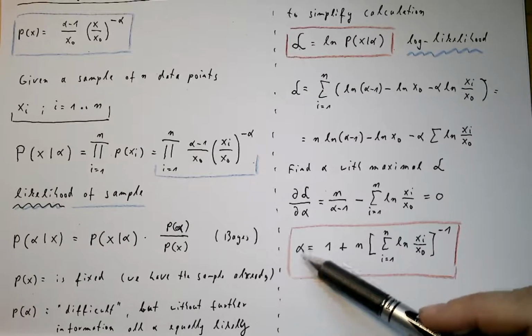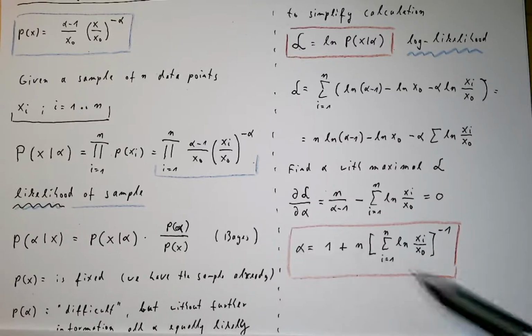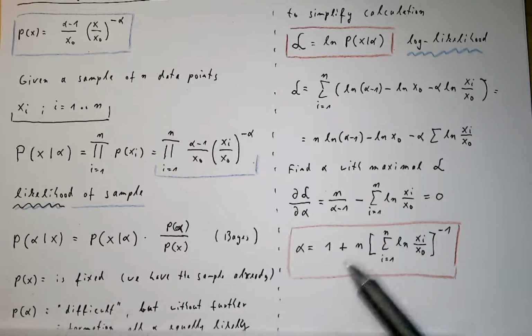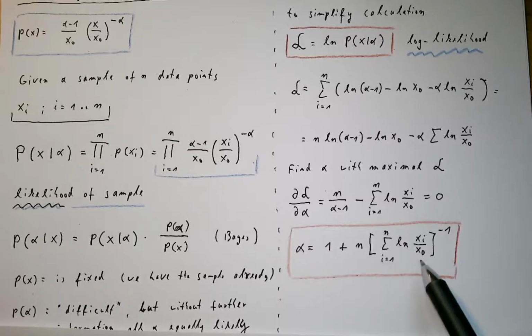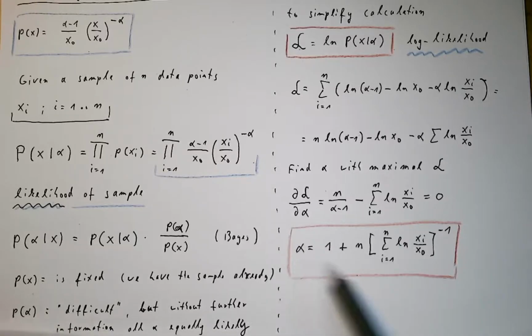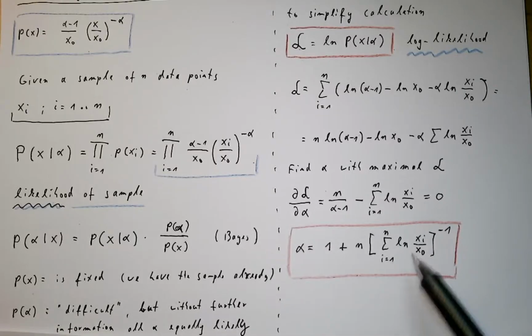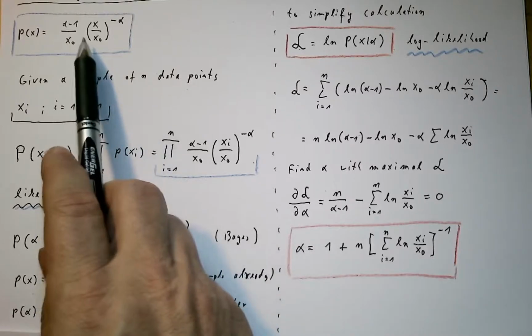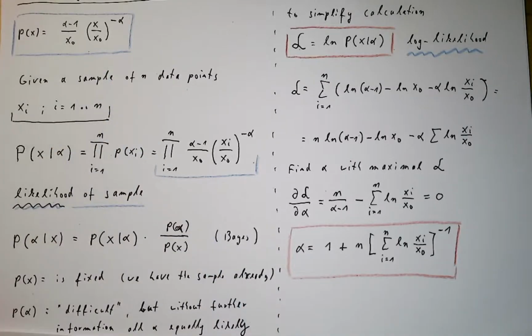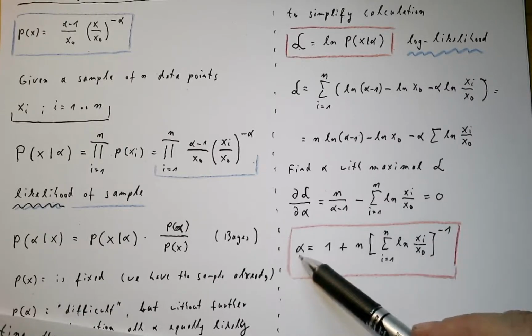some errors for this alpha. But I would not trust this alone, because when we use this formula, we already assume that our data are power law distributed. But what do we know about this? This will always give some value of alpha.